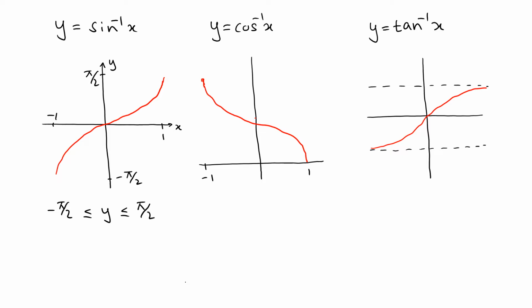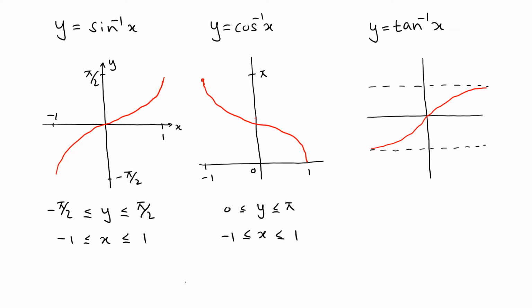And for the cosine inverse, the domain is again from -1 to 1, but the range we define as going from 0 to pi.